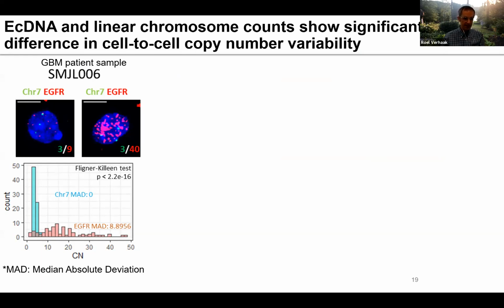And so you can see the EGFR copy number wildly varies across cells, ranging from as high as 50 copies to relatively few copies. Whereas the chromosome 7 signal is relatively stable. We may have some cells that are being duplicated, so you see 6 chromosome 7 copies, because we know in this particular sample, chromosome 7 has 3 copies. So the chromosome 7 signal, as expected, is relatively stable, but the number of EGFR copies varies wildly.